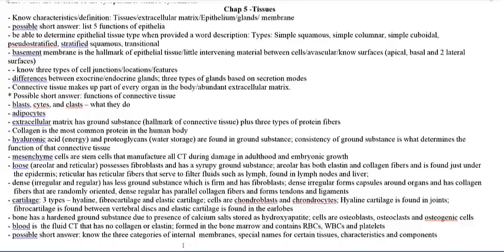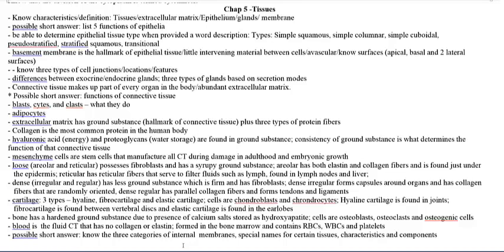Dense connective tissue comes in two subtypes as well, irregular and regular. There's less ground substance associated with these, but it is a much firmer ground substance than found with loose connective tissue. Of course, it also possesses fibroblasts, fibrocytes, and so forth. Dense irregular or regular connective tissue has collagen, very little, no elastin.